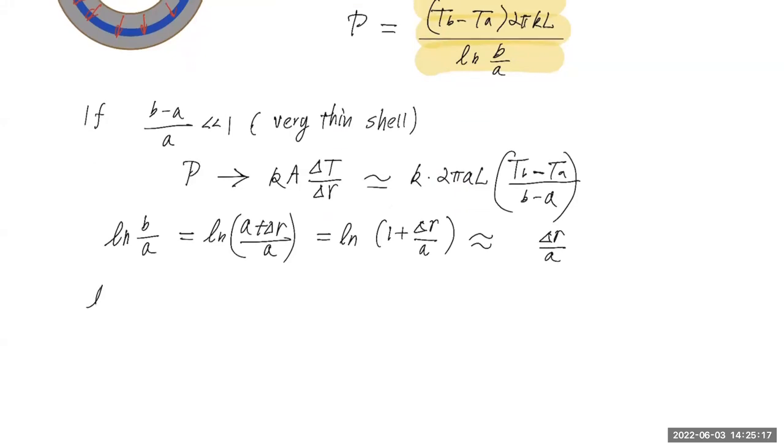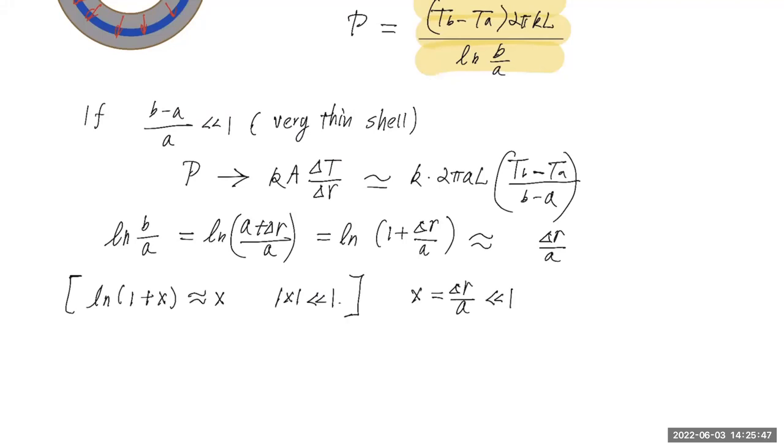Natural log of 1 plus x is roughly equal to x if the absolute value of x is a lot less than 1. Okay, you recall that mathematically. Now, in our case, we have this x, which is equal to delta r over A, which is indeed a lot less than 1 for a thin shell, right?